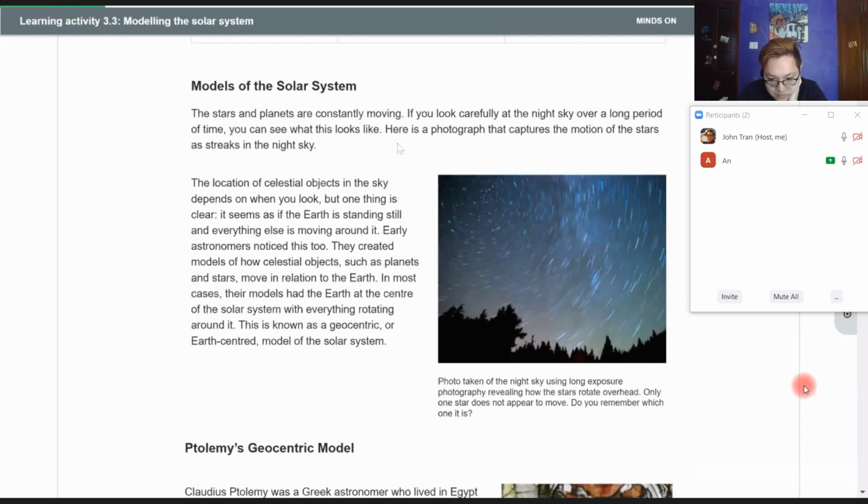Location. The stars and planets are constantly moving if you look carefully at the night sky over a long period of time. You can see what this looks like. Here's a photograph that captured the motion of the stars in the night sky.